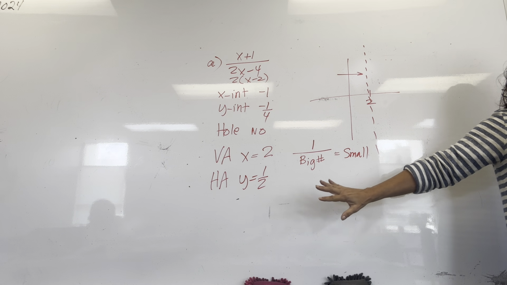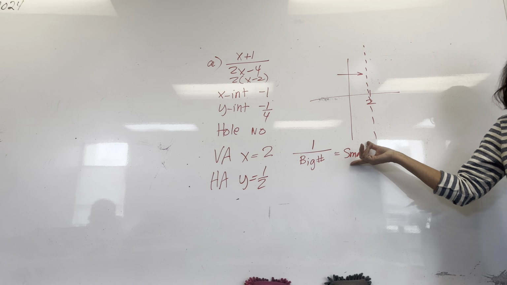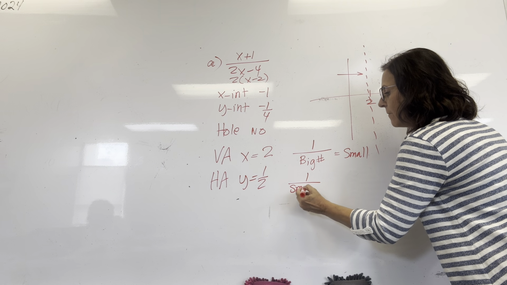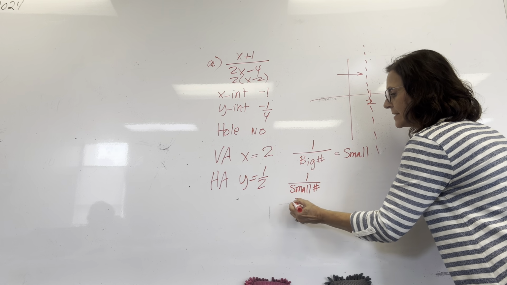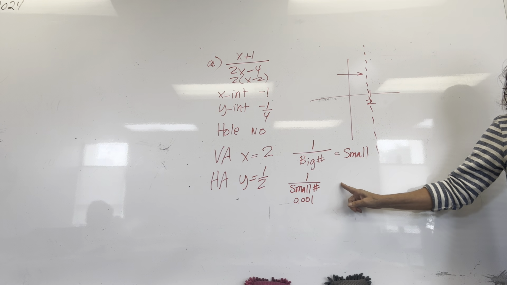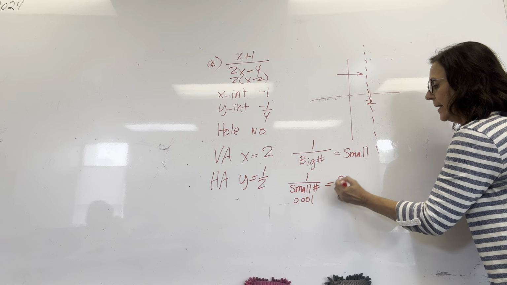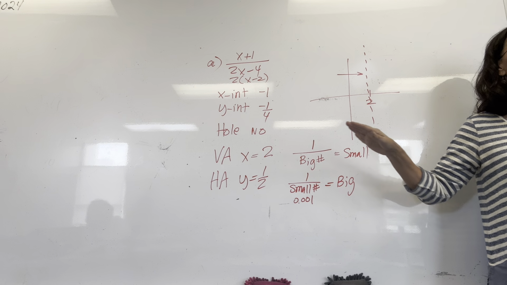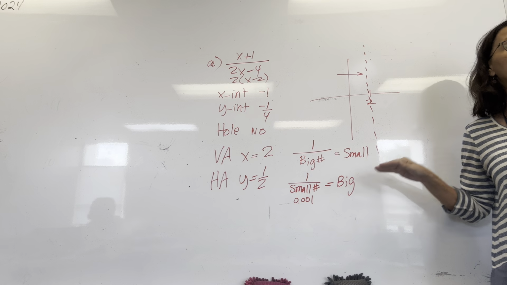So as the denominator gets bigger, the result gets smaller. And if we do 1 over a very small number like 0.001, the result is a very big number. So this is the big little, or little big, concept.